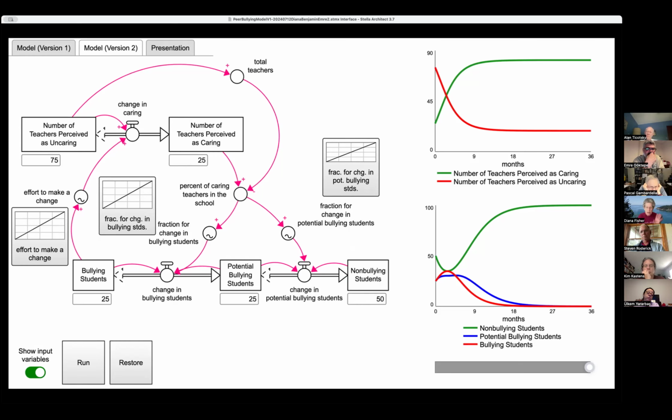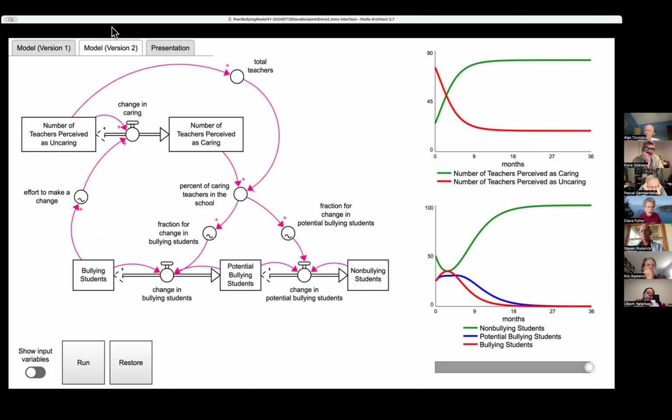Again, very simplistic. But what we wanted to do was, this was just the beginning. How could we possibly connect the teacher environment, essentially the classroom and the area just outside the classroom, and the idea of bullying?